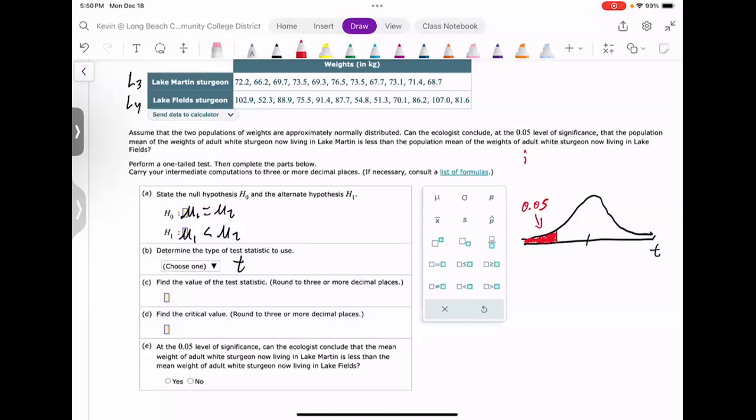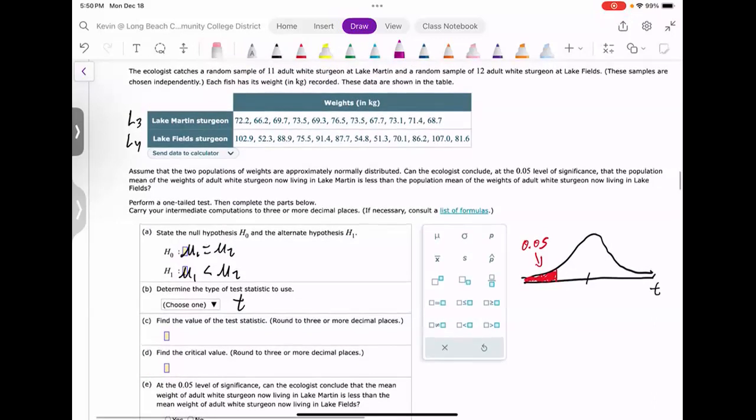To get that, first of all, let's find our degrees of freedom. So there are 11 from Lake Martin and 12 from Lake Fields. This means our degrees of freedom are going to be the 11 minus 1. Degrees of freedom in this case is 10.